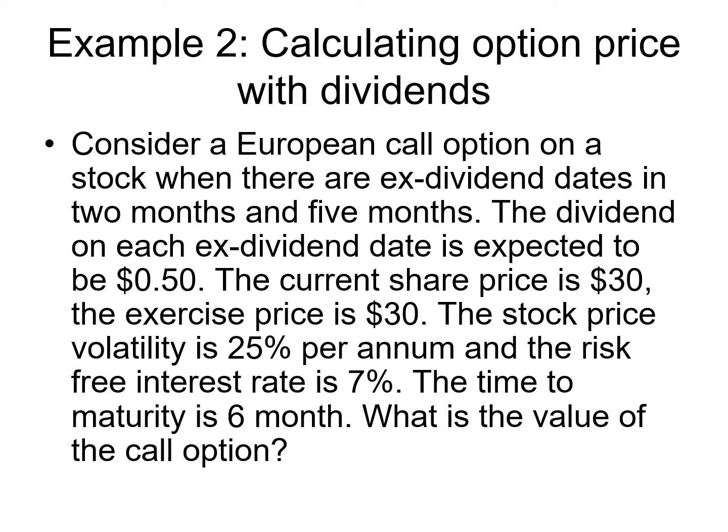The current share price is $30. The exercise price is $30. The stock price volatility is 25% per annum, and the risk-free interest rate is 7%. Time to maturity is 6 months. What is the value of the call option?